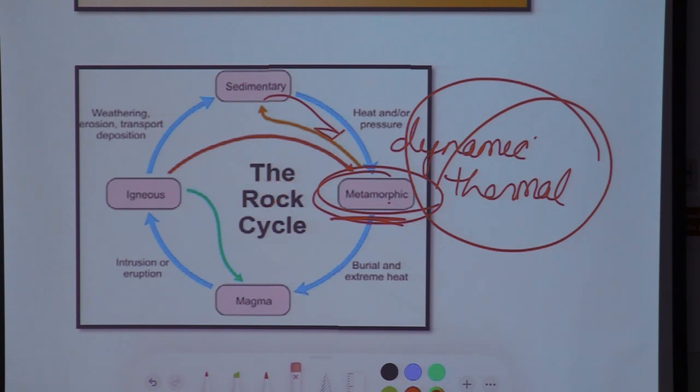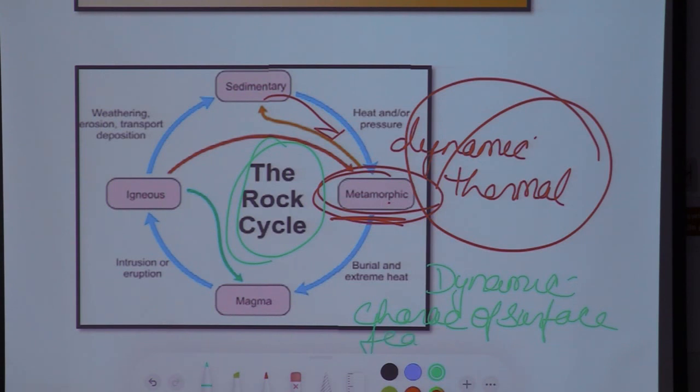So basically what I need to understand is that the rock cycle projects the dynamic characteristics of surface features forming rocks or material. We have to take it like this.